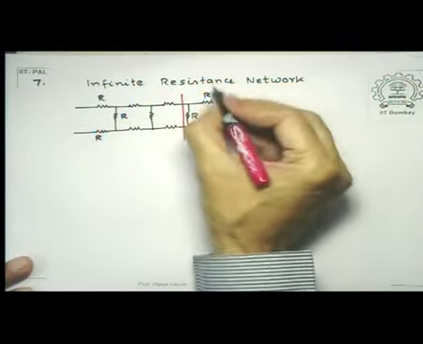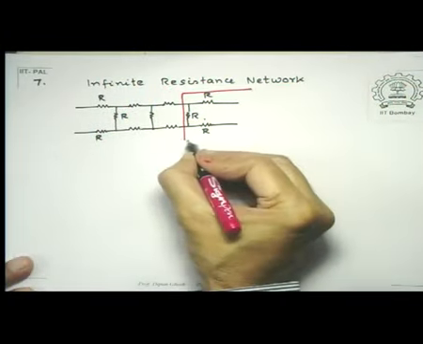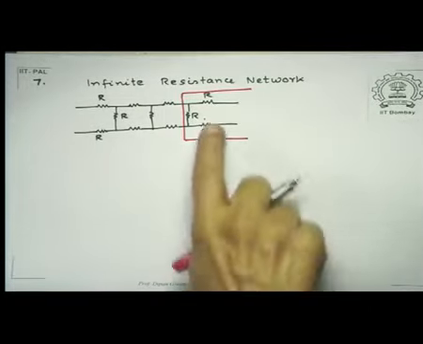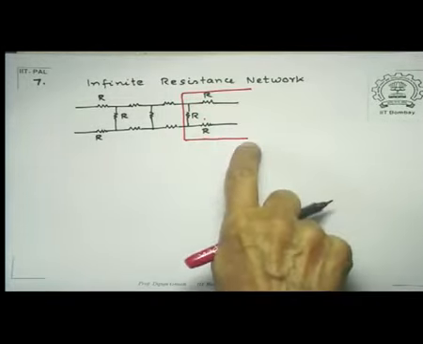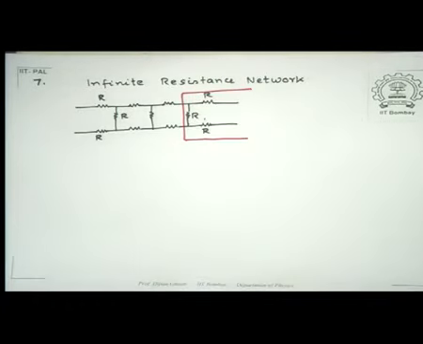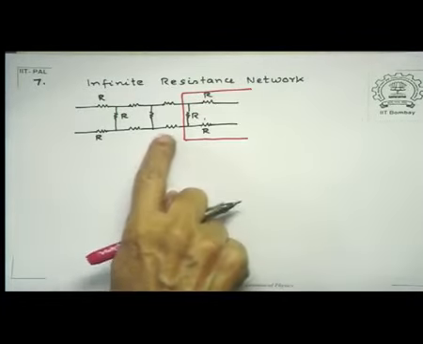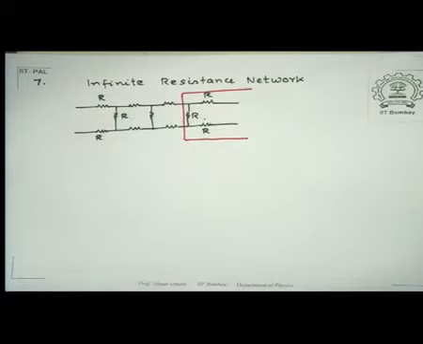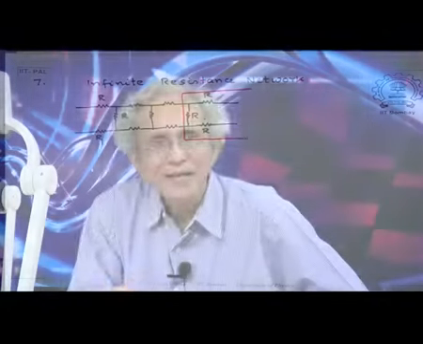Let us suppose this is the last section. If I were to cut this like that, then whatever remains has the same structure as the longer one. And since I have said it is infinite, it won't make any difference at all.